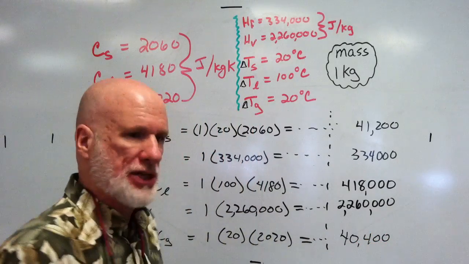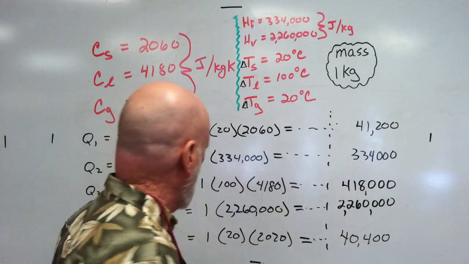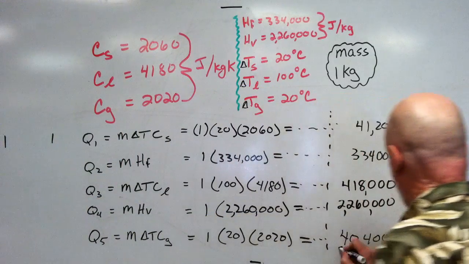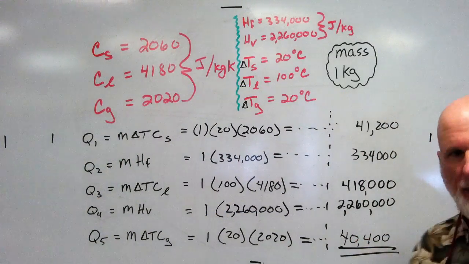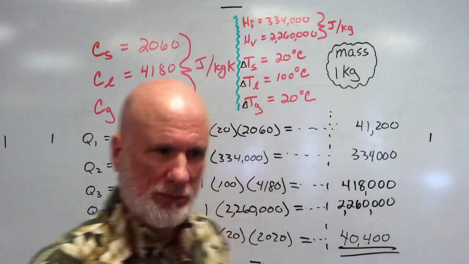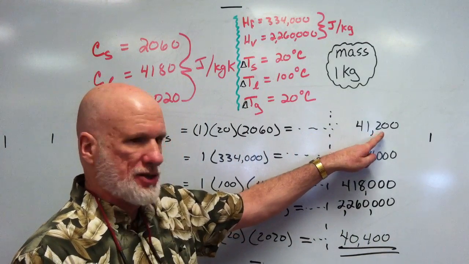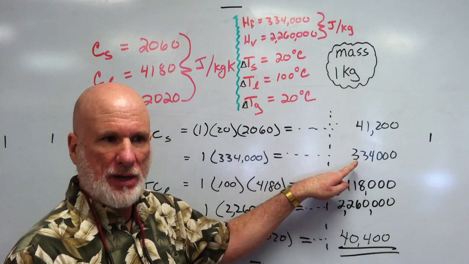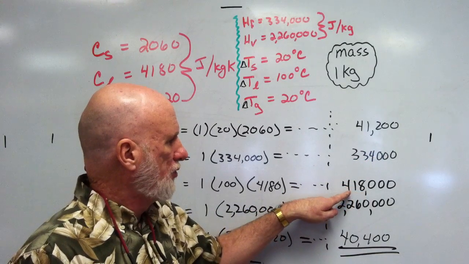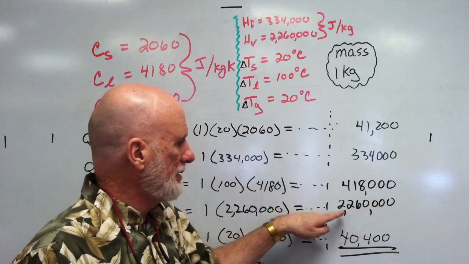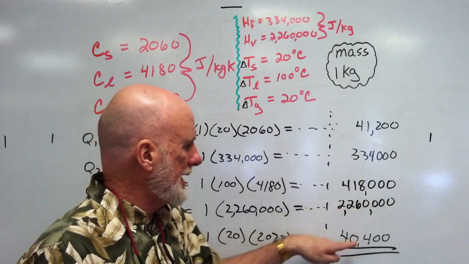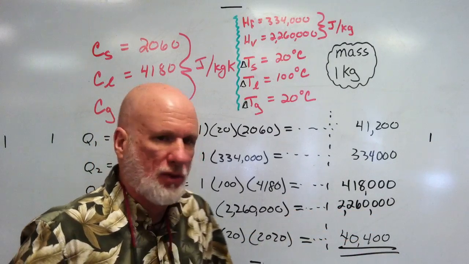Right? You got that so far? Add these up. What's the sum? Okay, well, can we come up with a value? 41,200, 334,000, 418,000, 2,260,000, and 40,400.